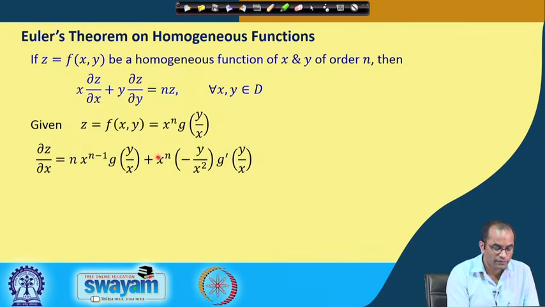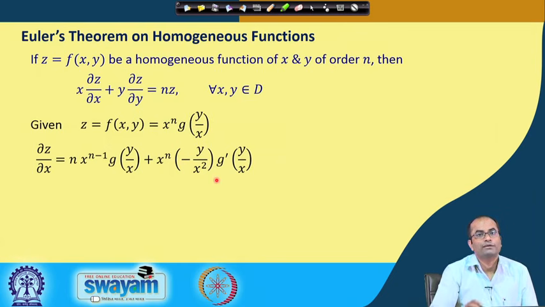And then x power n as it is, and we differentiate this g of y over x, which is g prime of y over x. So, the derivative of g with respect to its argument is g prime of y over x, and then the y over x will be differentiated with respect to x, that will give us minus y over x square.